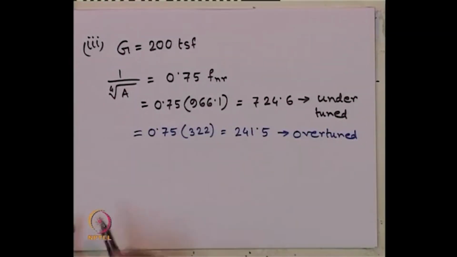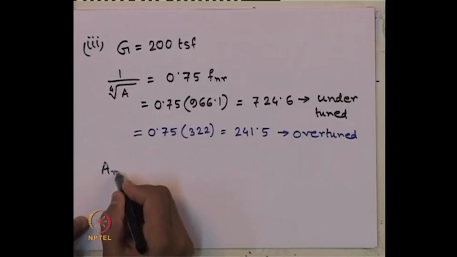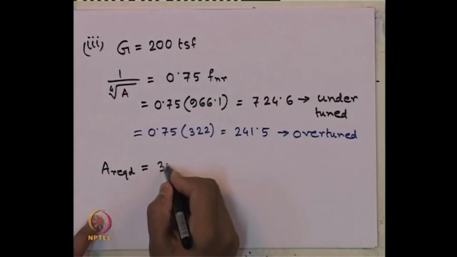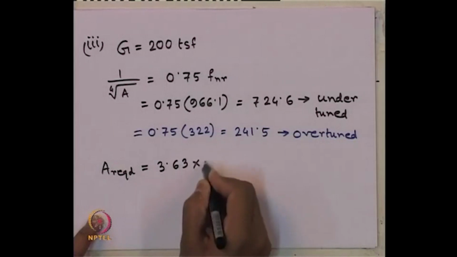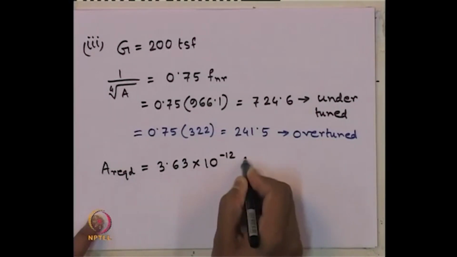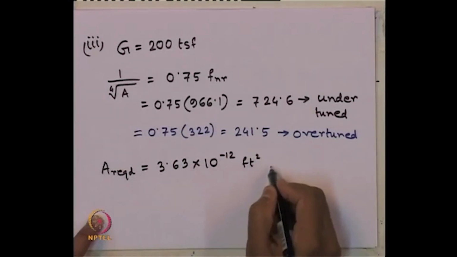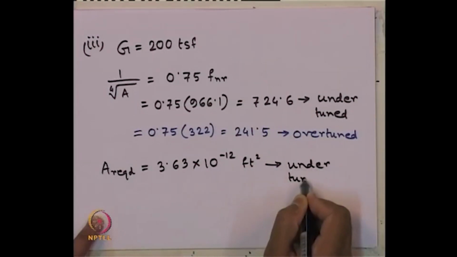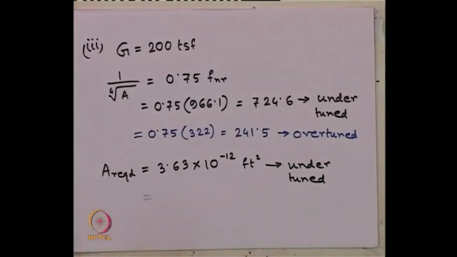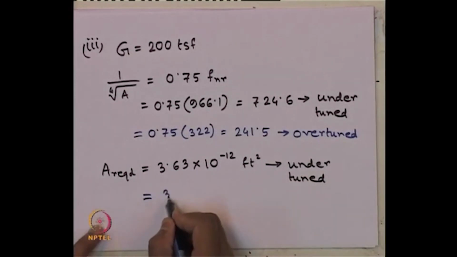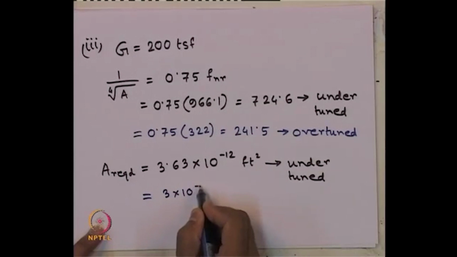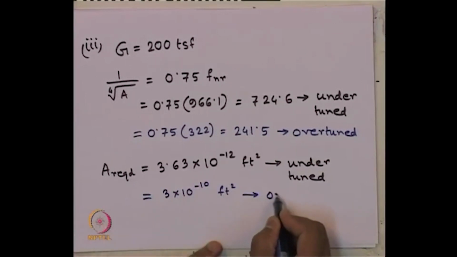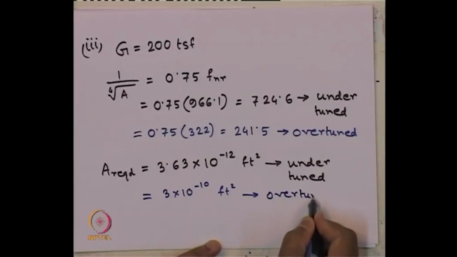So, this gives us A required as 3.63 into 10 to the power minus 12 feet square for under tuned, and 3 into 10 to the power minus 10 feet square for over tuned.